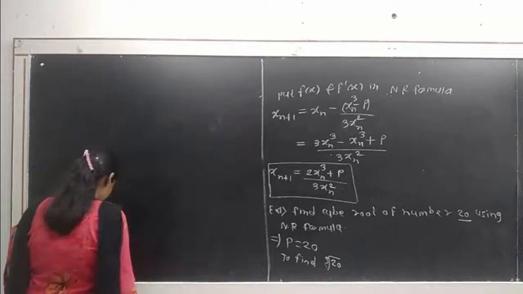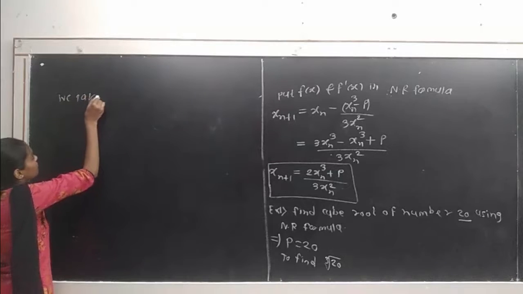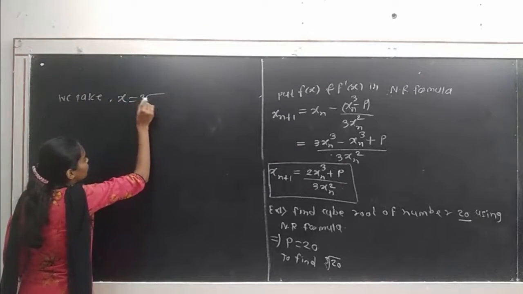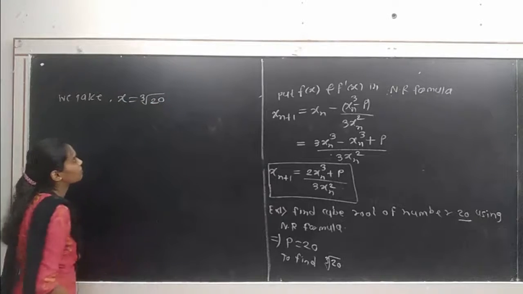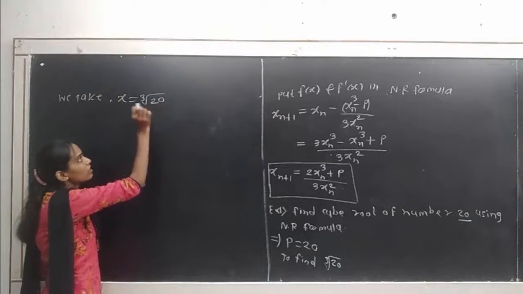We take x is equal to the cube root of 20. If we find the value of x, then we get the cube root of number 20.